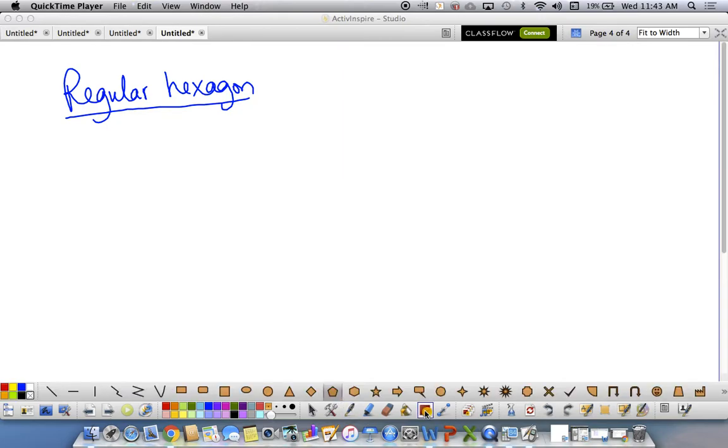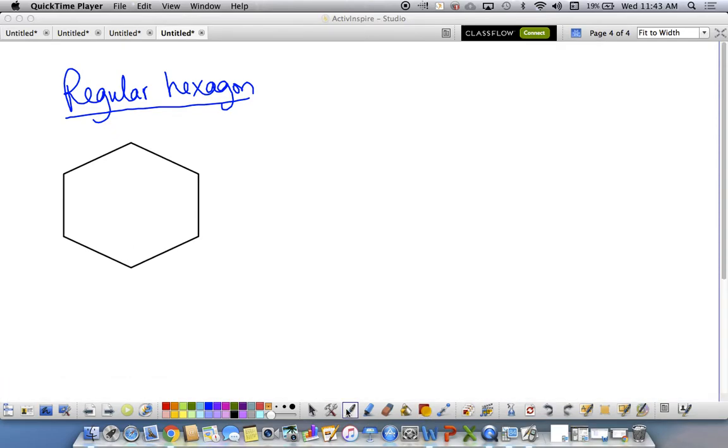A regular hexagon, I'm going to try to draw it. There we go. And I'm going to do side lengths of 8 meters. It's going to have a central angle here. And if I draw this, we know these 2 sides are the same, okay? Because the central angle is, or the vertices are congruent, right?